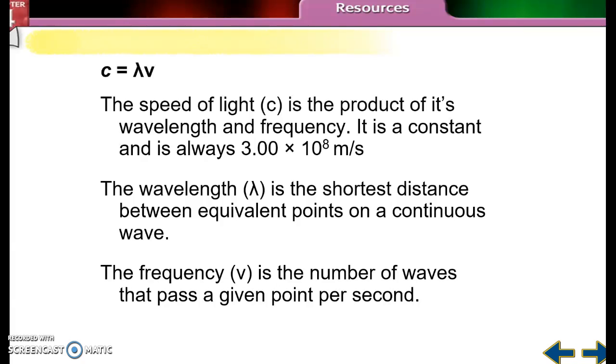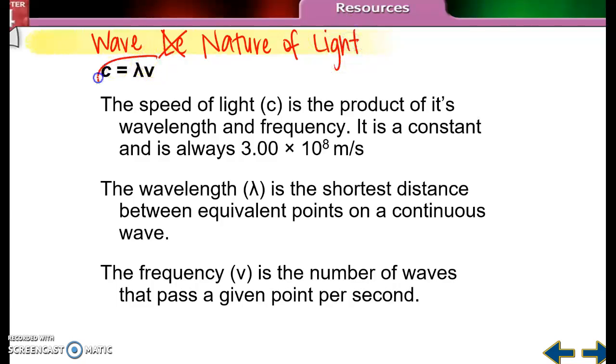So here's the equation that we're always going to use when we are calculating the wave nature of light. Alright, c equals lambda times nu.